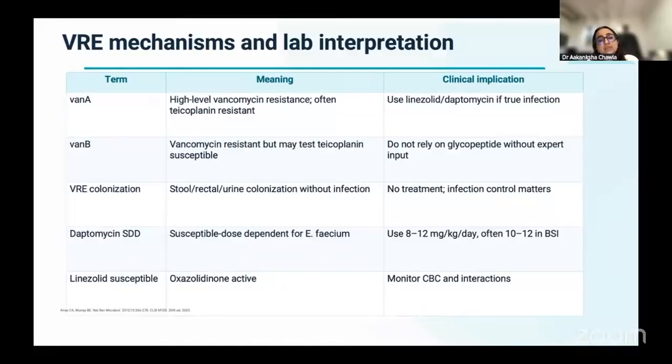So, you use linezolid or daptomycin if you're actually dealing with true infection. And in VAN-B, there is vancomycin resistance, but it may be sensitive to teicoplanin. But do not rely on glycopeptide without an expert input. You just cannot start giving teicoplanin. This has to be correlated even clinically.